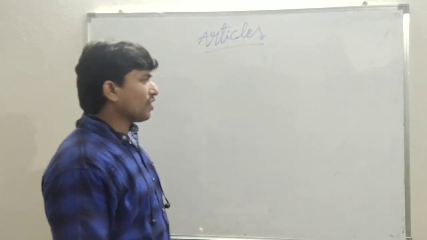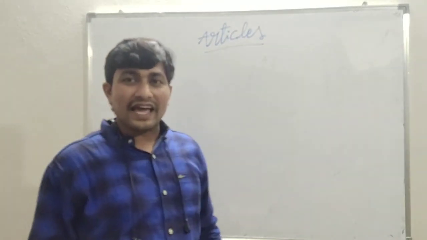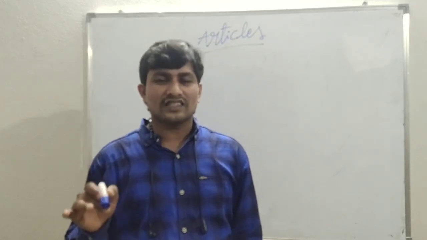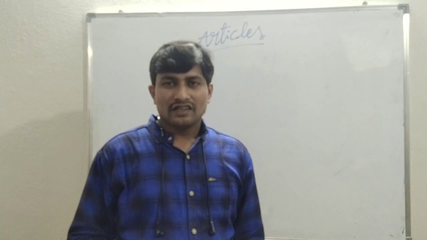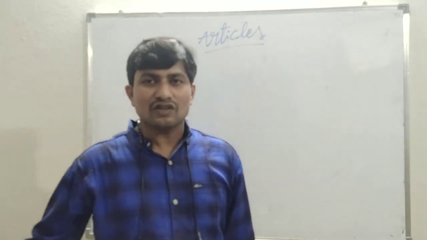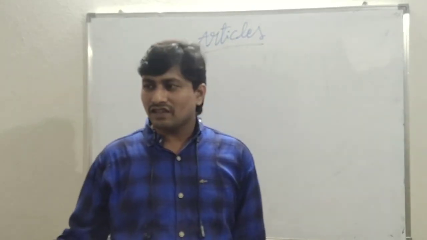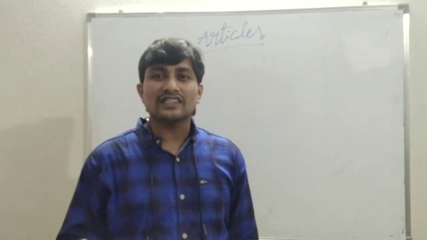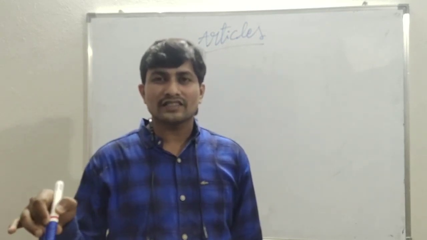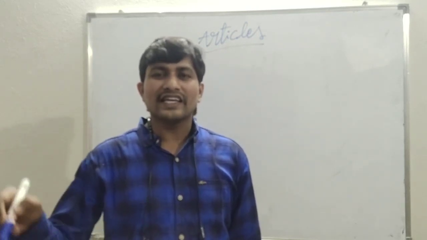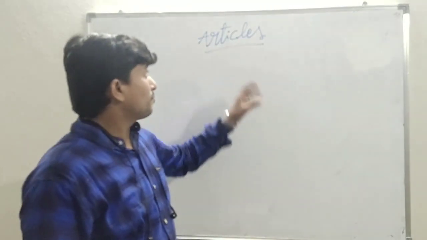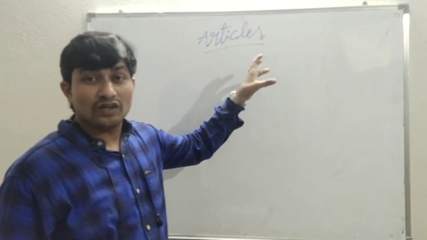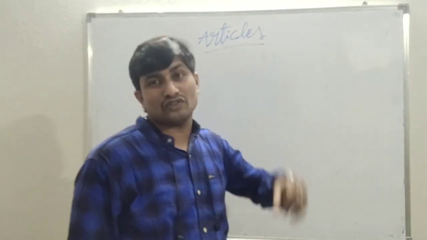Let us see what articles are and what an important part of articles is in our language. In comparison with the rest of the adjectives, articles play a vital role in the English language.